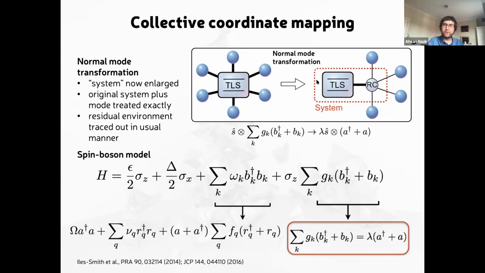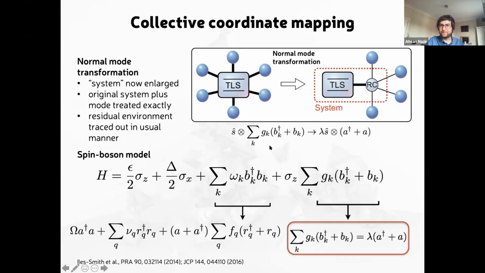And we're going to perform a normal mode transformation that takes us to this reaction coordinate or collective coordinate representation, where we now have the two-level system that's coupled only to a single collective mode, the reaction coordinate. But that mode itself is then coupled to a collection of independent harmonic oscillators that make up the residual environment.